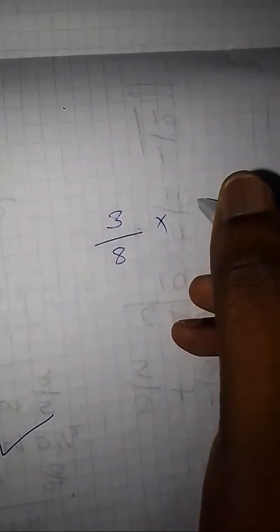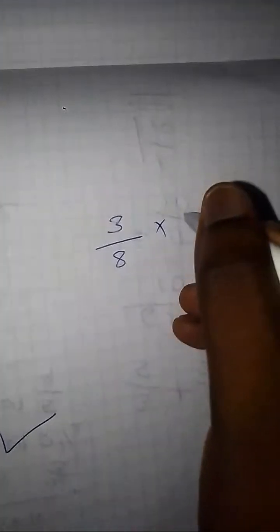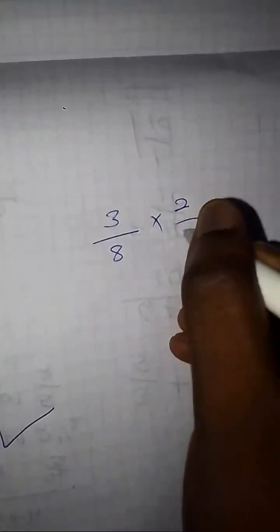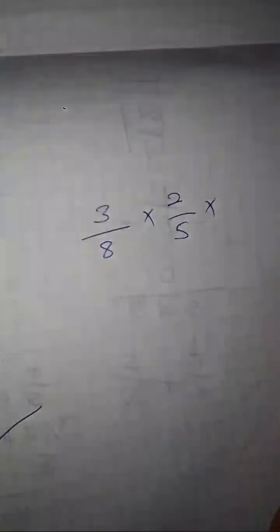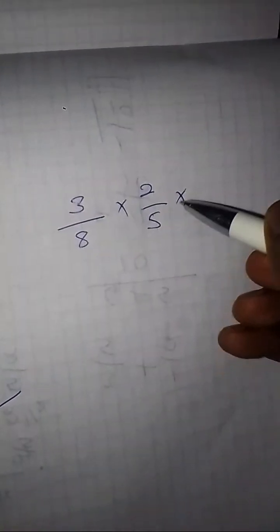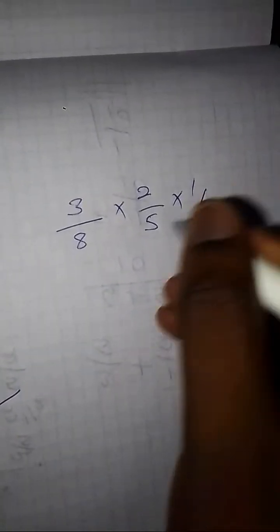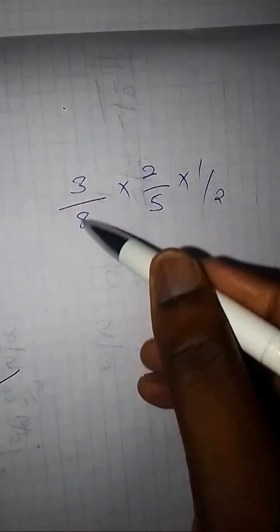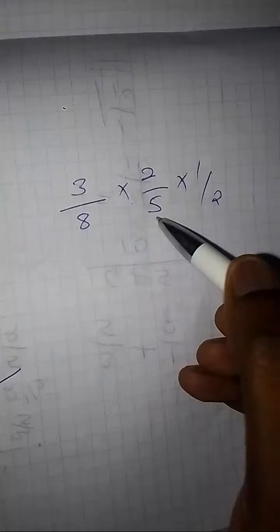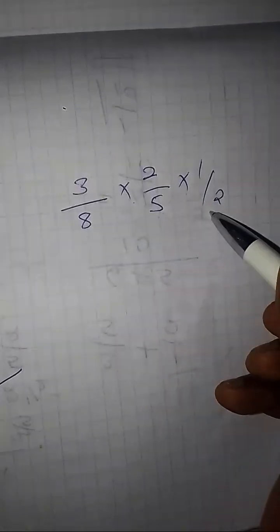So if we have a number like 3 out of 8 multiplied by 2 out of 5 multiplied by a half, what shall be the answer in this case?